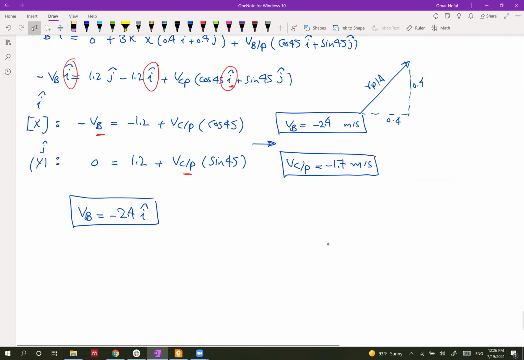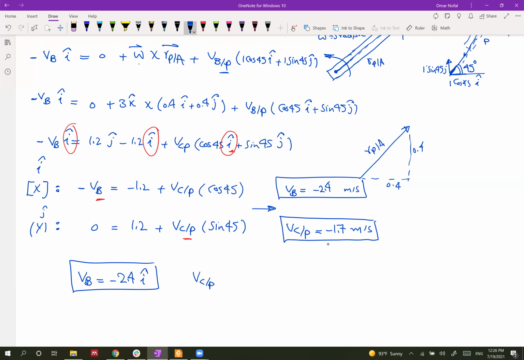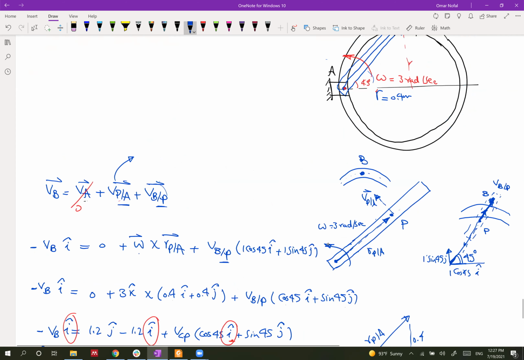And VCB, this is the magnitude. And if we want the direction, we multiply the negative 1.7 by cosine 45 and sine 45, which will give us negative 1.2 in the I hat and negative 1.2 in the J hat direction. So this is for the velocity.